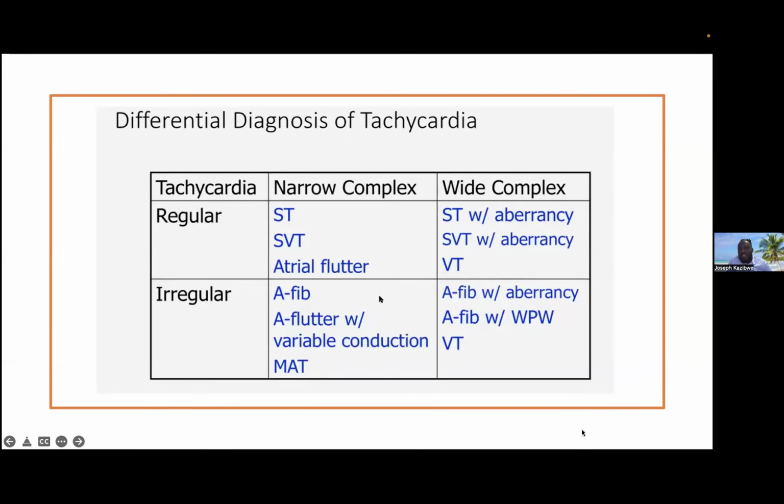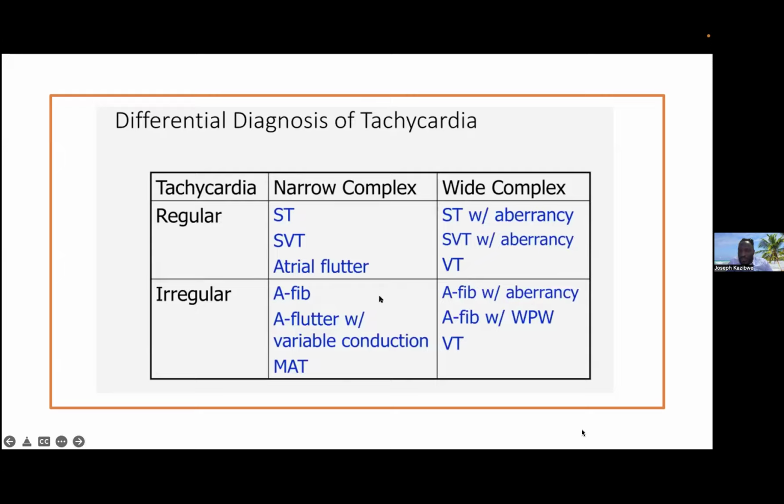The commonest one everybody is seeing is atrial fibrillation. Then we can have flutter with variable conduction, and multifocal atrial tachycardias, which some might have seen. We can have AF with aberrancy, and ventricular tachycardia, I'm hoping everybody has seen one of them.